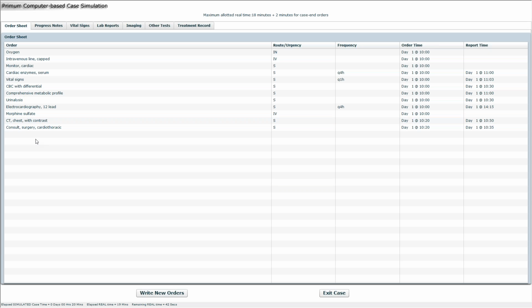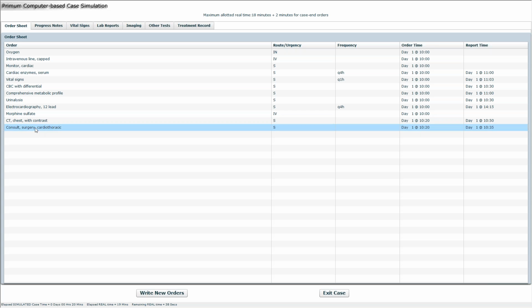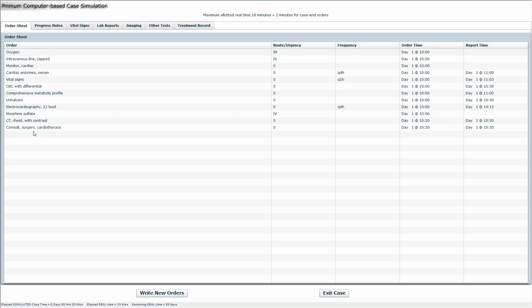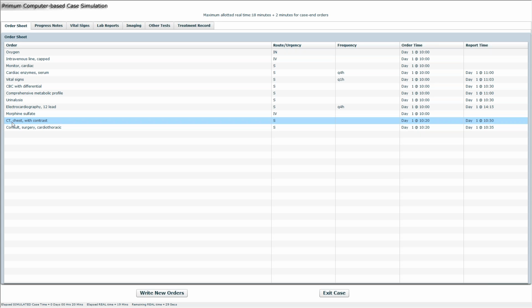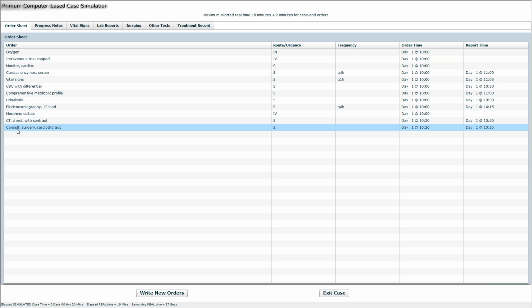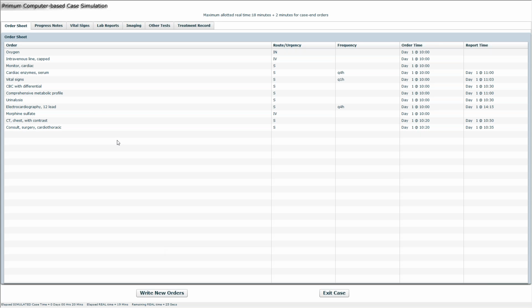So at least put in those orders so you take care of it, and you're telling the software you took care of that. So you lose some score for not navigating the clock here properly, but you're still going to get a lot of score because you didn't forget to mention those two in the 2-minute screen. So don't forget that. If the case ended and this happened to you on the real exam, make sure you put in those crucial orders before you exit the case.